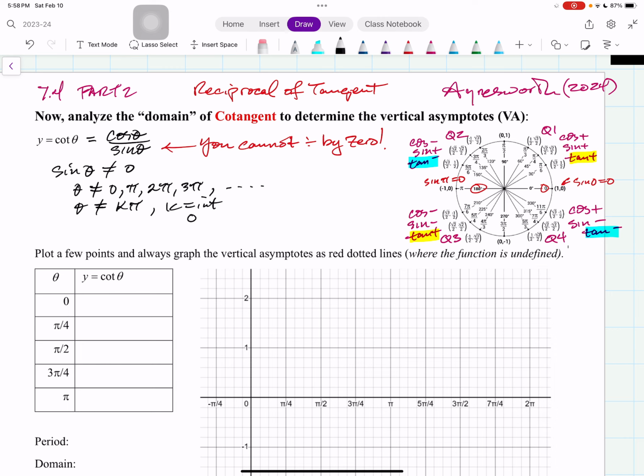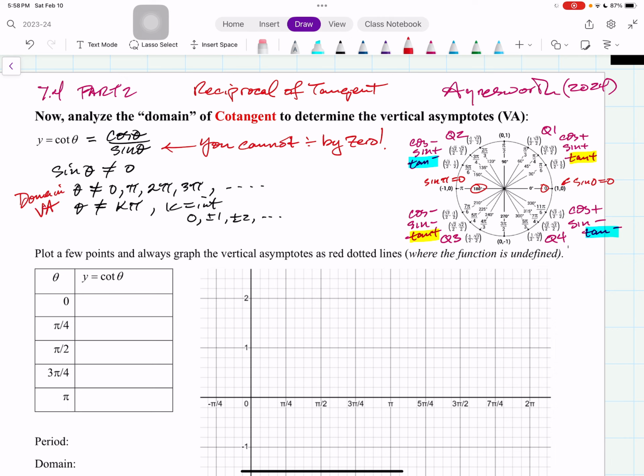I'm talking about 0, plus or minus 1, plus or minus 2, etc. So just multiples of pi, they could be negative or positive. And this is a periodic function, so keep that in mind. So the vertical asymptotes are at these values. So this is the domain, so keep that in mind.